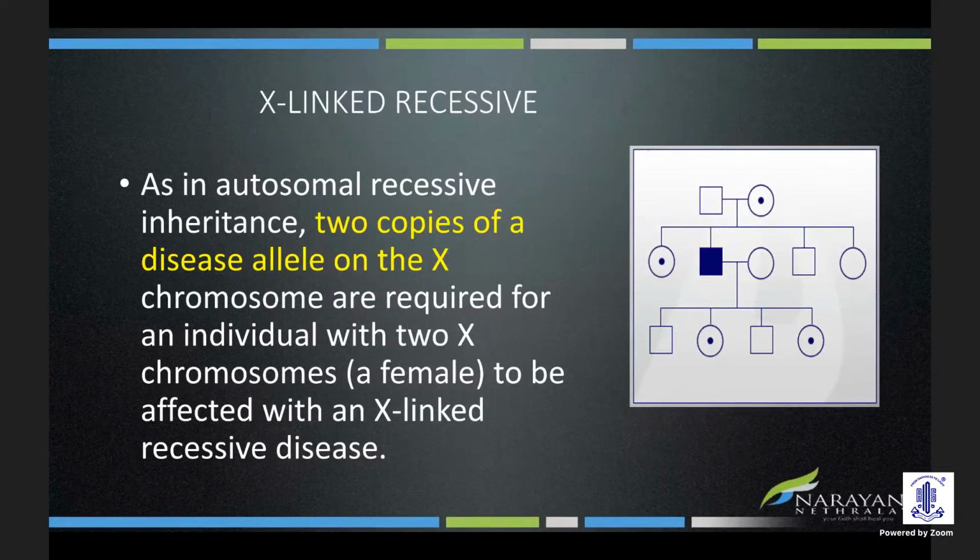Why I'm saying it's slightly different is because males will have only one X chromosome, whereas females will have two X chromosomes. Because of this, even though it's a recessive disorder, the males will get affected, because we don't have another X chromosome which can produce a good protein. So all the females will become carriers.